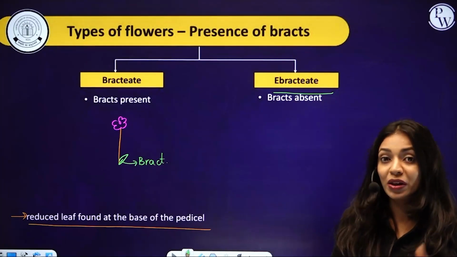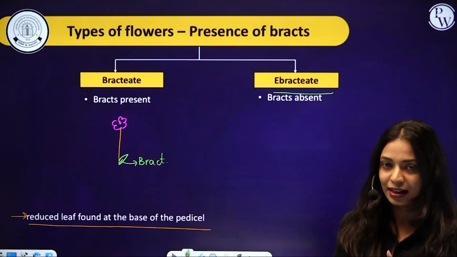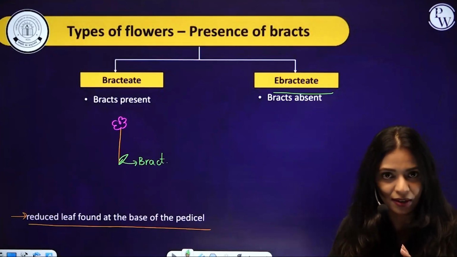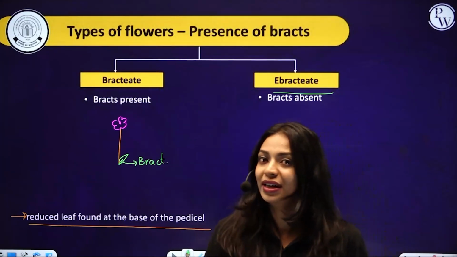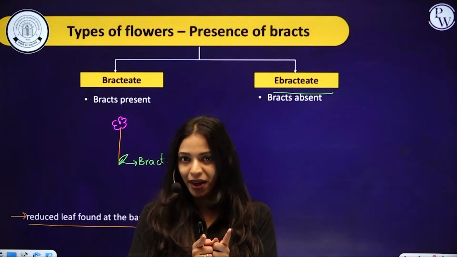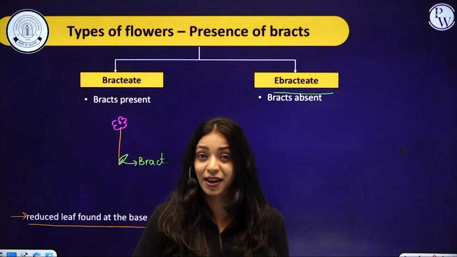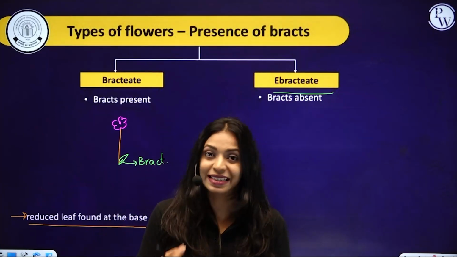Students get confused between bracts and stipules. Bracts are usually present singly at the tip of the pedicel, which is the stalk of the flower. About stipules, we've already learnt in the previous lecture. Stipules are usually paired. They are also very thin, small leaf-like structures, but they are present in the petiole, in the leaf.